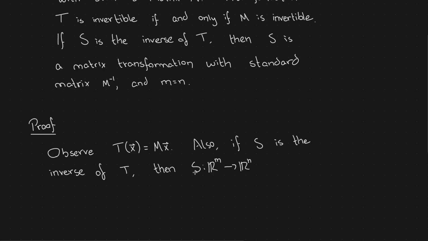So we know from what we've already talked about that the inverse of a linear transformation is also a linear transformation. And since S is a linear transformation going from Rm to Rn, S is a matrix transformation.